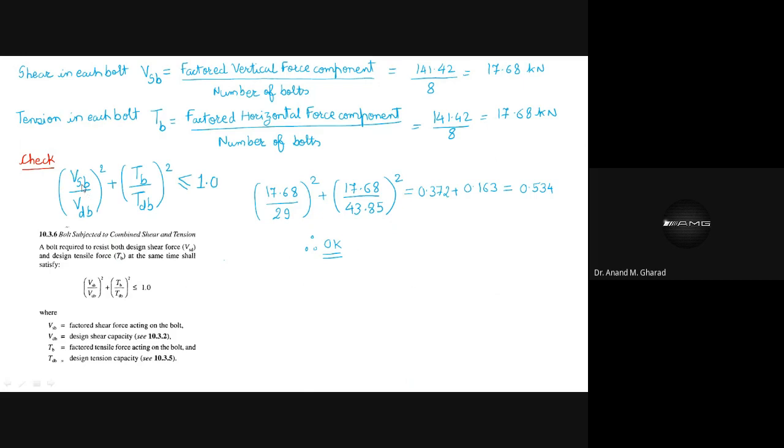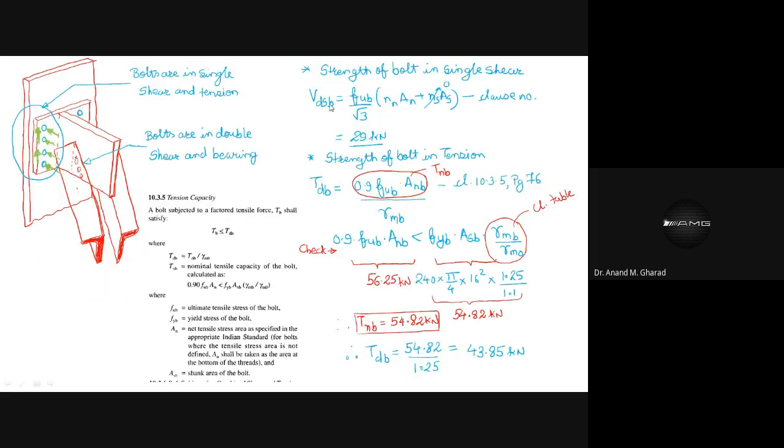It says a bolt subjected to combined shear and tension should satisfy (VSB divided by VDB) plus (TB divided by TDB) whole square less than or equal to 1. The denominator values we have already evaluated, as you can see over here, the VDB and TDB values.